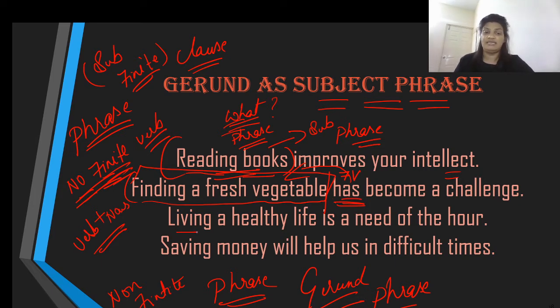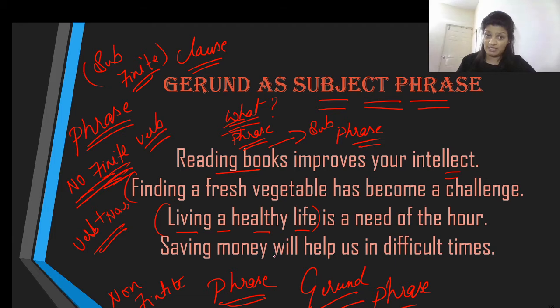Next one is living a healthy life is a need of the hour. Living a healthy life. What is the need of the hour? Living a healthy life is the need of the hour. So this answers the question again, what? So when you get the answer for the question what, and it is your ing verb, then without doubt it is your gerund.